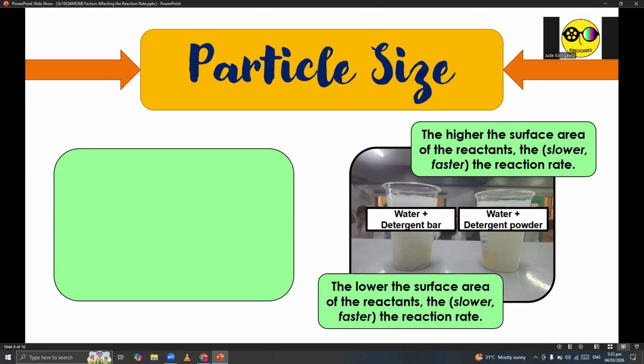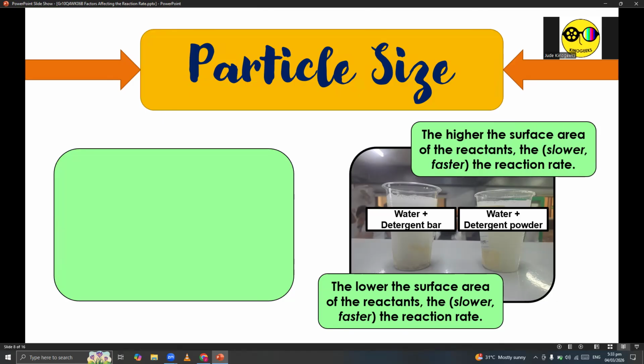And in particle size, usually associated with what we call the surface area. So how does detergent bar have a lower surface area? Detergent bar has a lower surface area because its molecules are considered compact, or in Tagalog, it's siksik. Yes, solid nga siya, mas sturdy siya.